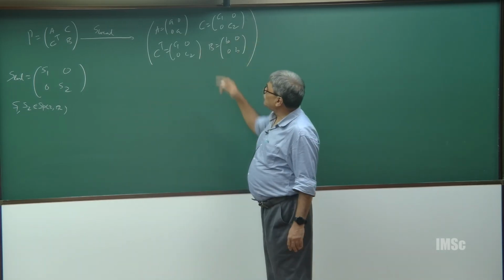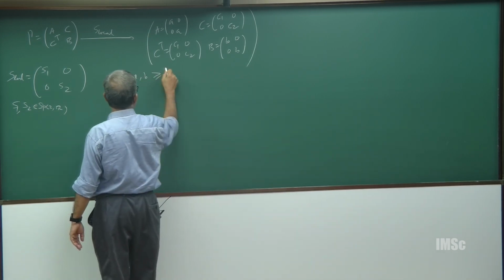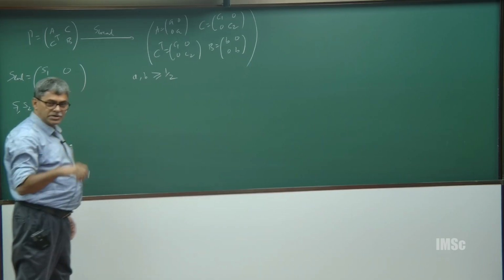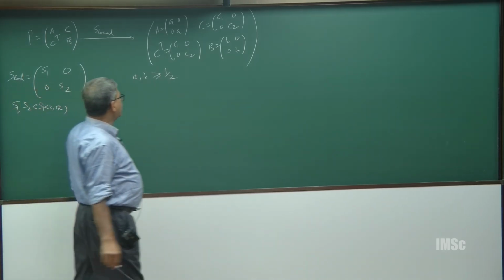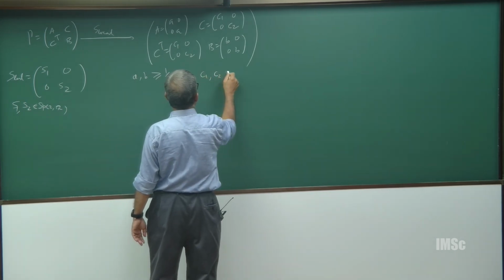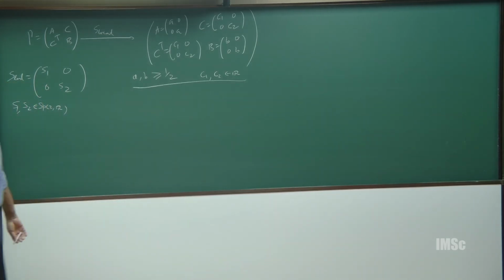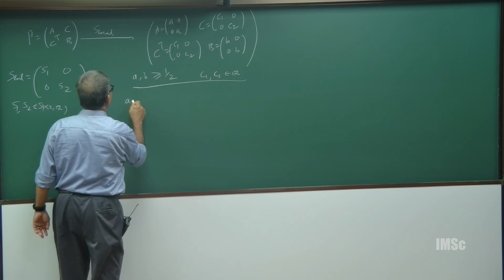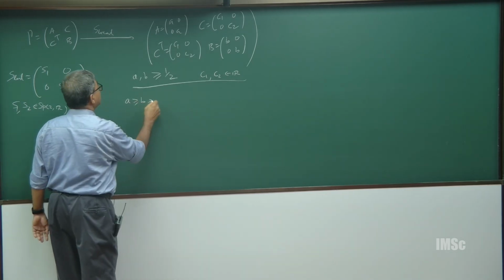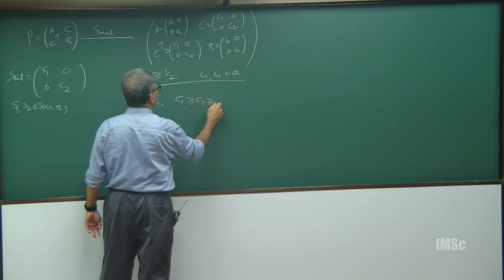Of course, because this is a covariance matrix, A and B must be greater than or equal to half, this we have already discussed, and C1 and C2 are real numbers of course. Okay. So, this I can always do. In particular you can also take that a is greater than or equal to b greater than or equal to half and C1 is greater than or equal to C2 greater than or equal to 0.